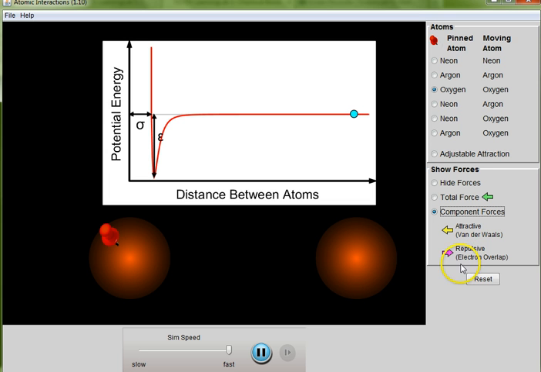What are the two attractive forces when the two atoms come together? Do you guys remember? The two attractive forces are the nucleus-electron attraction of one atom, and similarly the nucleus of the other atom attracting the electrons, correct?